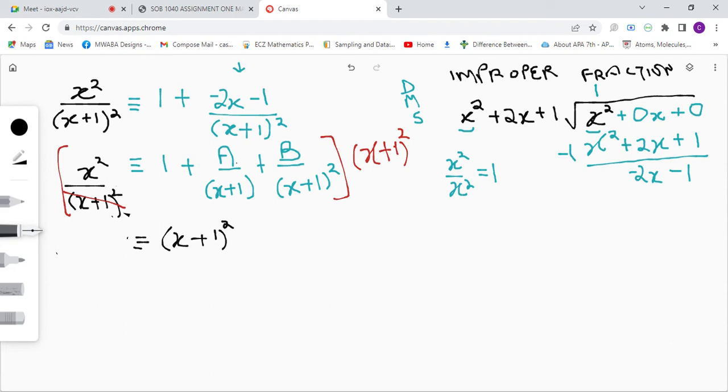If we multiply a over (x + 1) times (x + 1)², one (x + 1) will cancel out, since this is to the power 2, we cancel 1 out. So we remain with a times (x + 1), a times (x + 1).